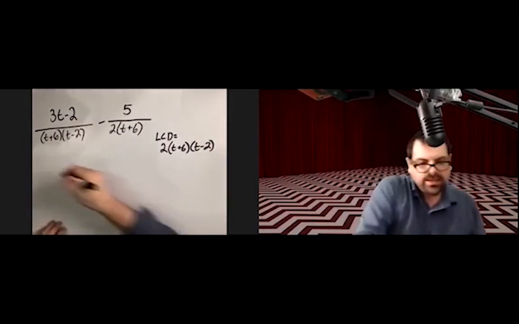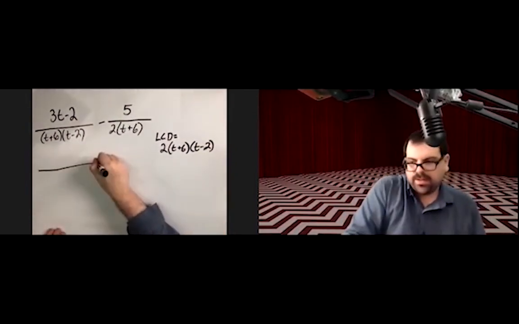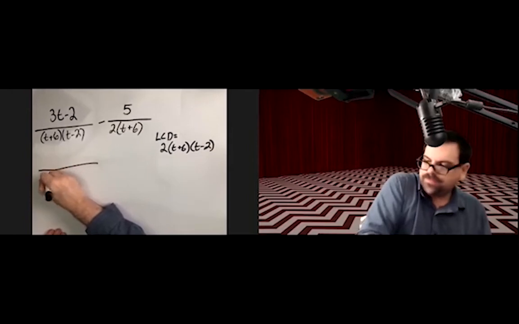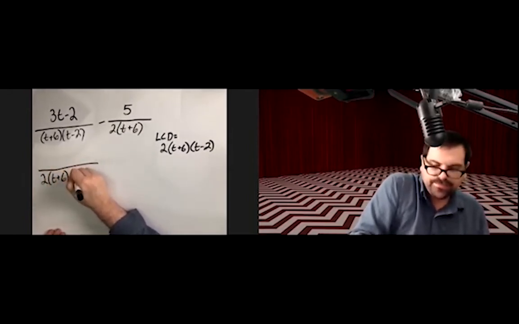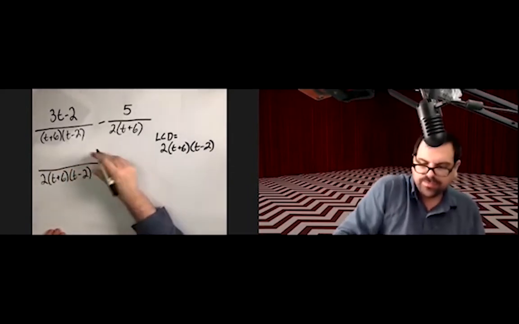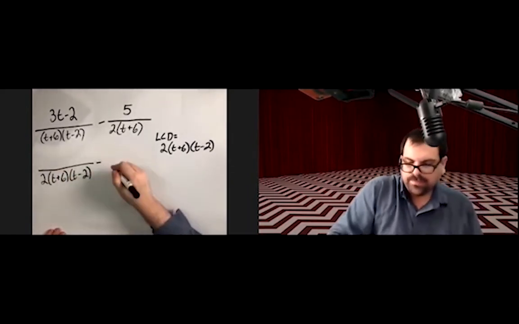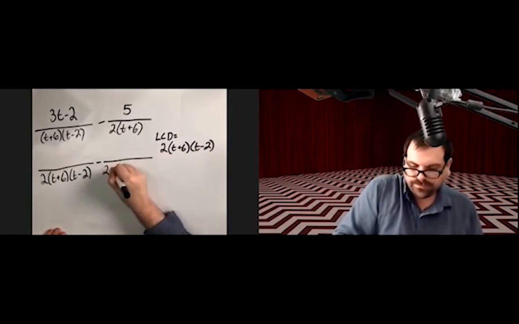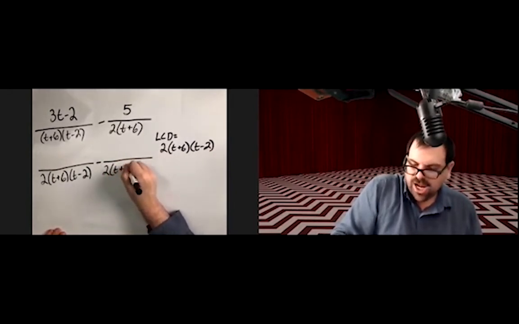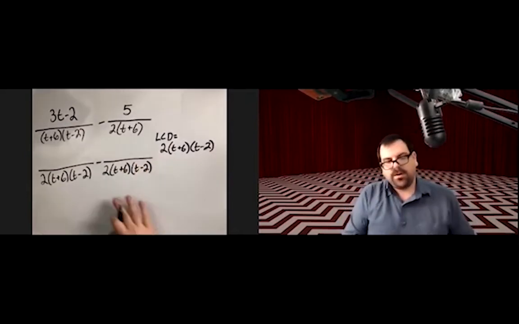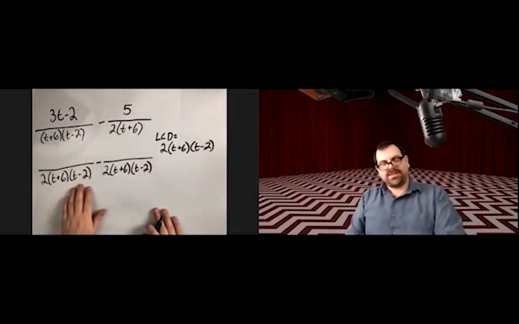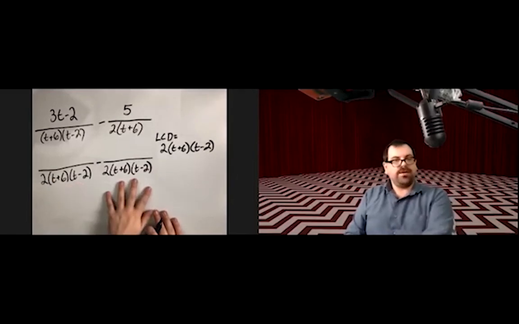The LCD has to be 2 times t plus 6 times t minus 2. So both of these fractions need to be rewritten with 2 times t plus 6 times t minus 2 on the bottom.